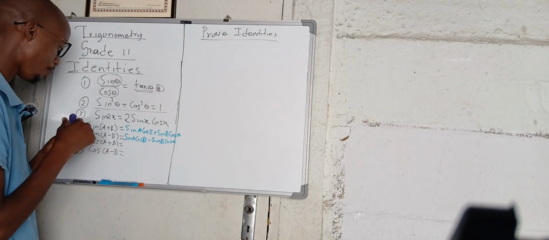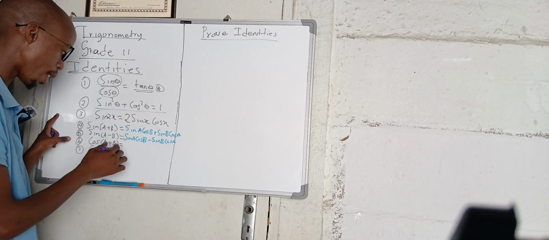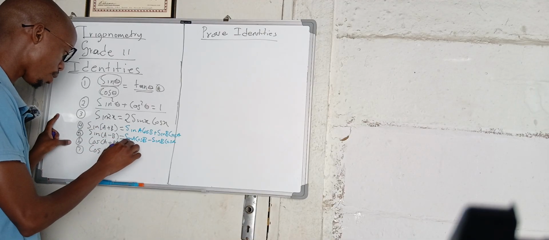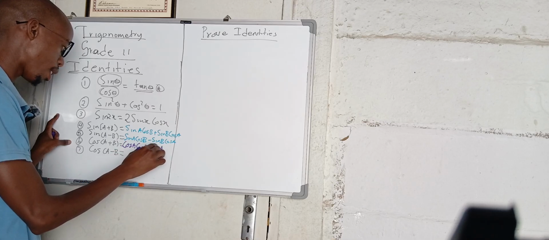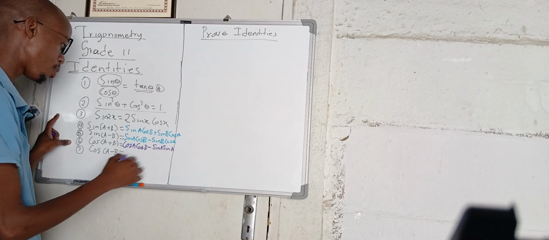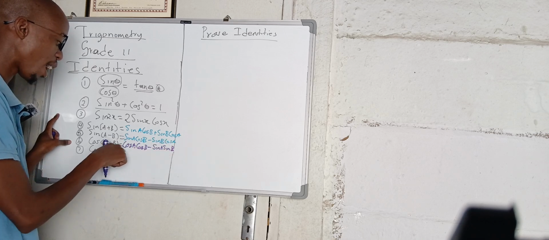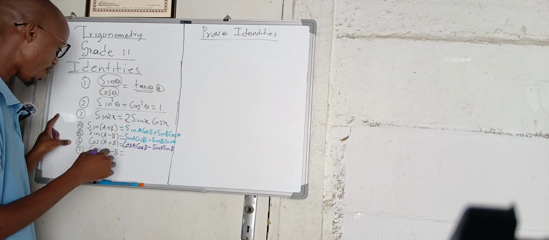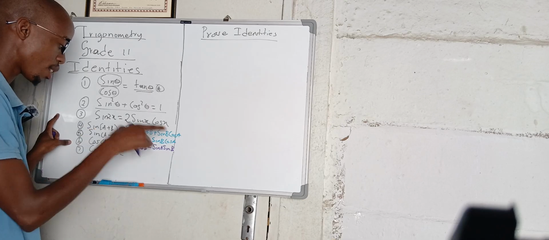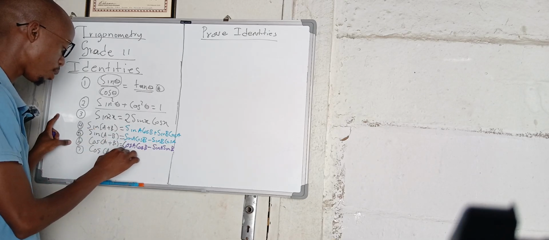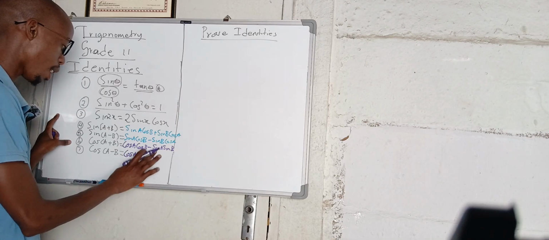So the difference comes here. In cos, when you have a positive here, when you come in between, you will end up having a minus. So it's going to be cos a cos b minus sine a sine b. One would say cos is a bit selfish because it likes following after each other. However, sine accommodated it. So as you can see also here we have a minus, so that simply means on the outside we'll have a positive. So it's going to be cos a cos b plus sine a sine b.